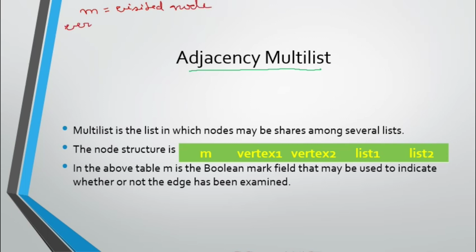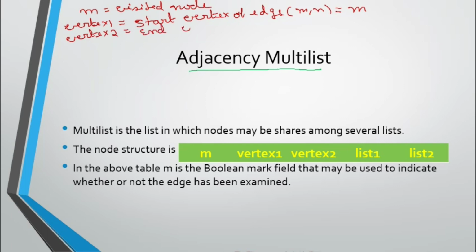So what is vertex 1? Vertex 1 is the start vertex of edge M. Let me write it on the piece of paper so that when we go through the example you will understand.